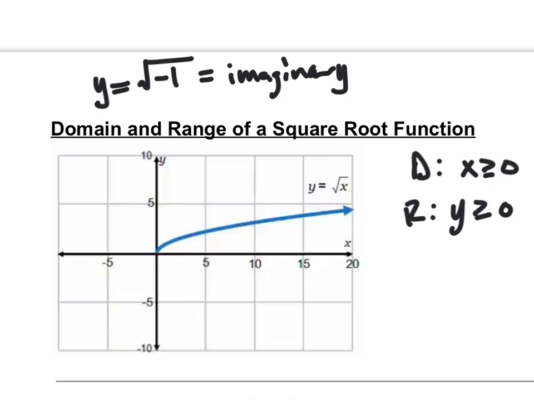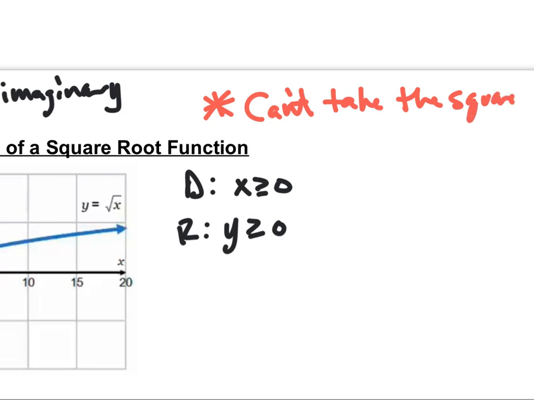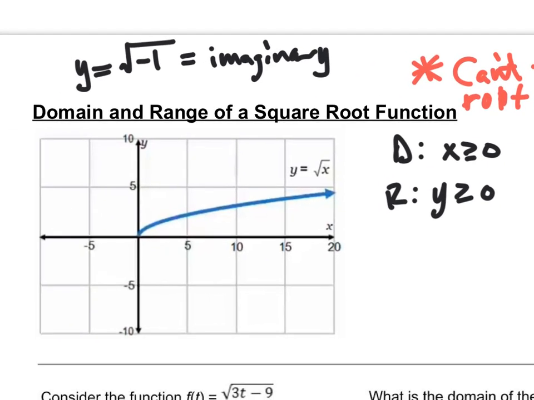So you can't take the square root of a negative number, and I'm going to write that up here in big bold letters: you can't take the square root of a negative number.